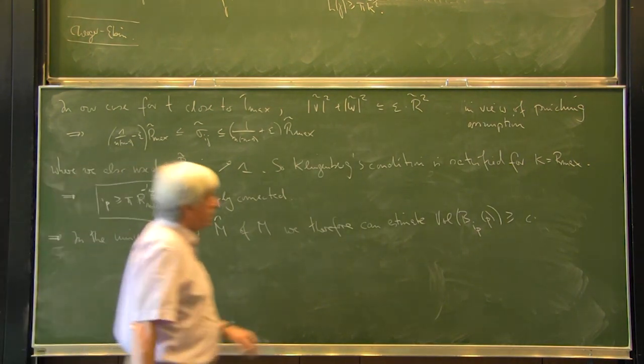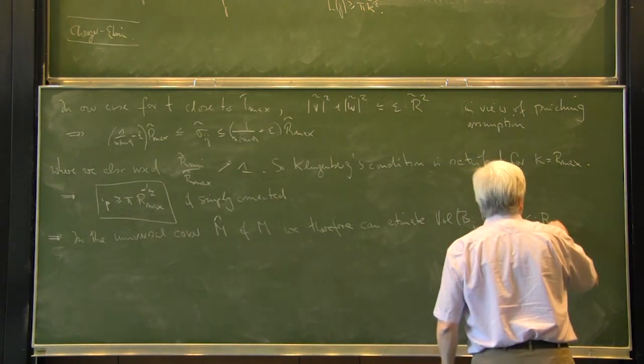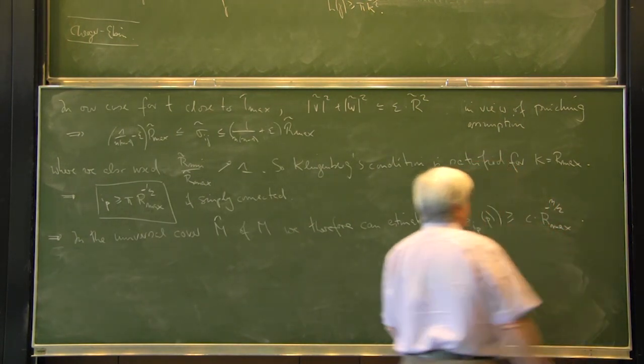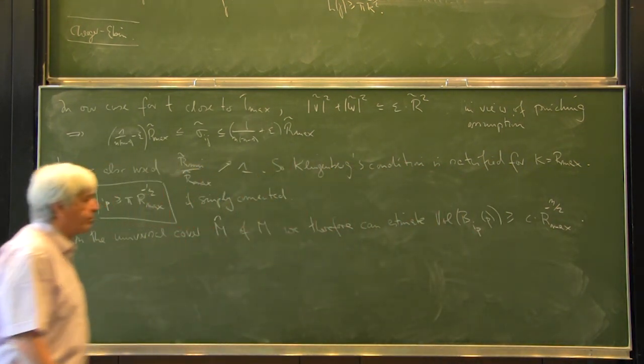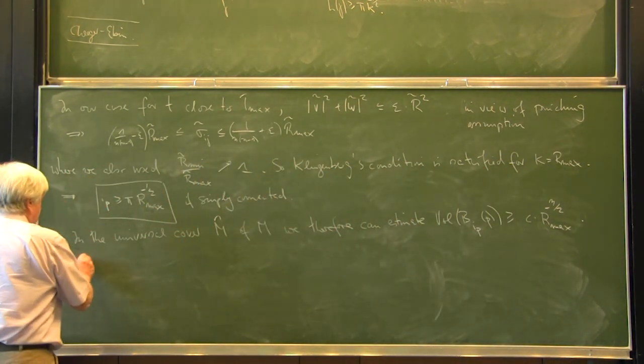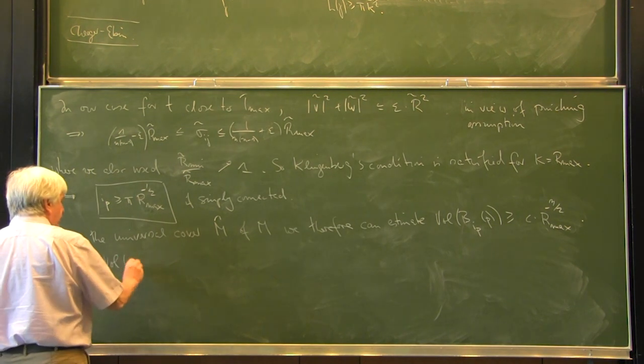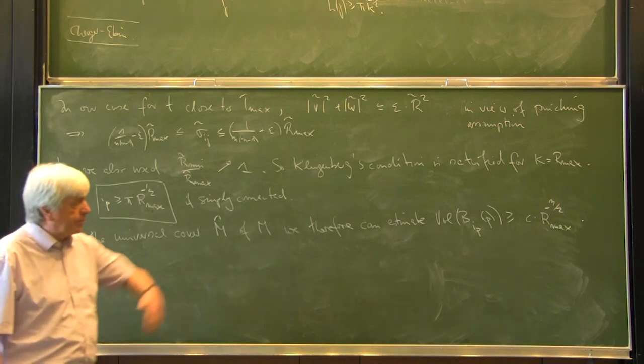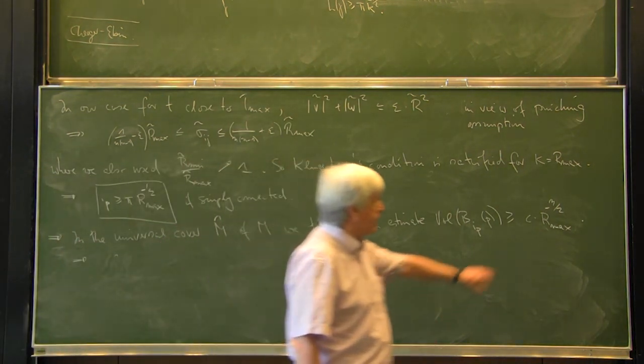So you get R max to the minus n over 2. So therefore also you get that the volume of the universal cover is at least that big.